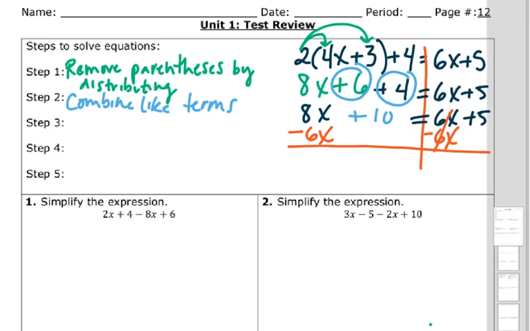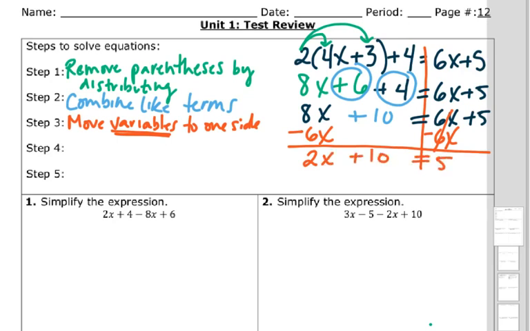Okay, so step 3 is to move variables to one side. Again, a variable is a letter. We moved our letters so that they're now on the same side. 8x's minus 6x's is 2x's plus 10 equals 5. Now we have a very, very easy 2-step equation to solve.